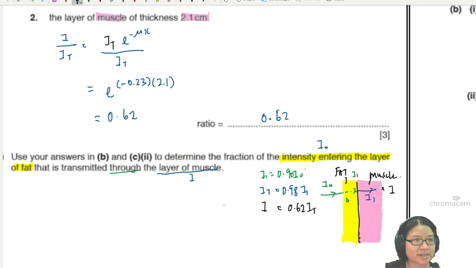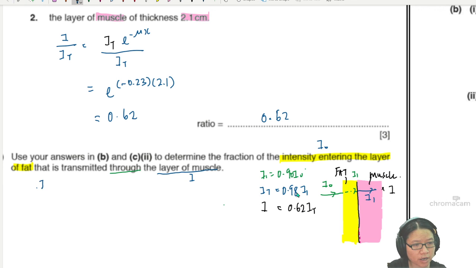So you can then say, hence the ratio of I over I naught will be equal to 0.62. I will show the working, but you can jump a step. How are we going to cancel all of this? You take this IT and put it inside here, like a Russian doll.